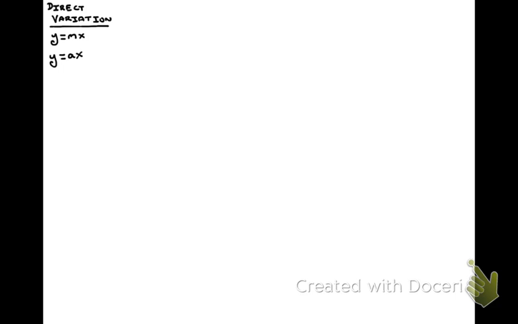In the context of direct variation, the slope is also called the constant of variation. We've seen it as the slope before, but in this context it happens to be called the constant of variation.